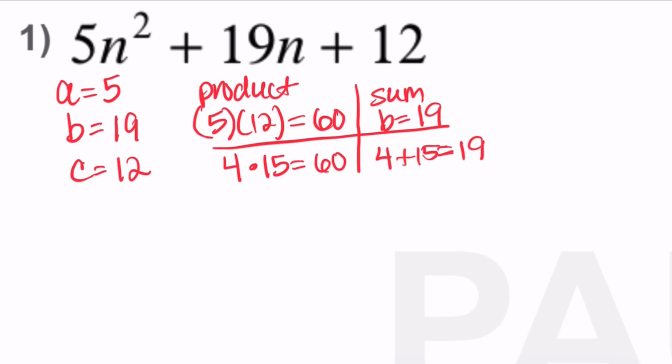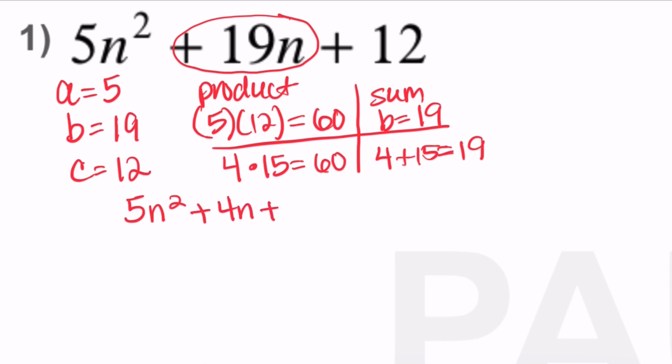You have your two numbers, 4 and 15. So we're going to replace the positive 19n. So it's going to be 5n squared plus 4n plus 15n plus 12. Take the first two terms, and they're going to factor out an n because that's what they have in common.